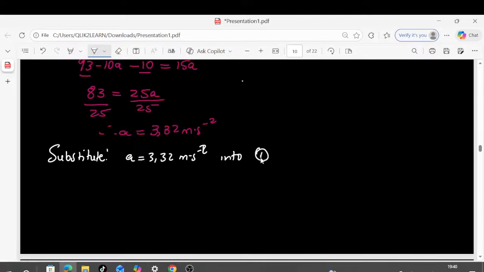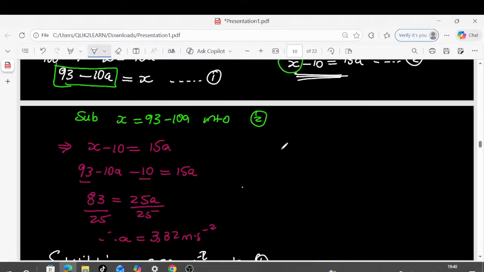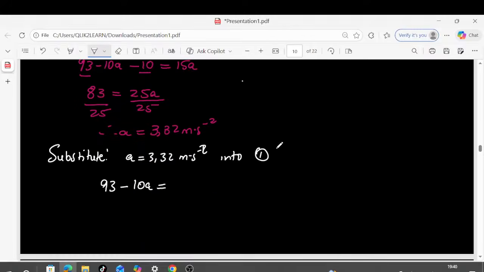Equation 1 was 93 minus 10A, which is equal to X. So X is 93 minus 10, where there's A, I'll put 3.32, and this equals X.